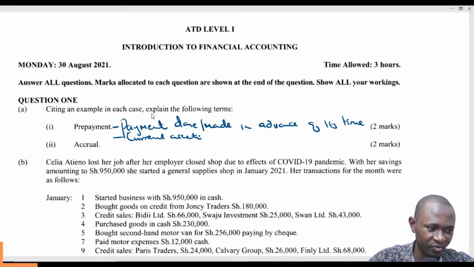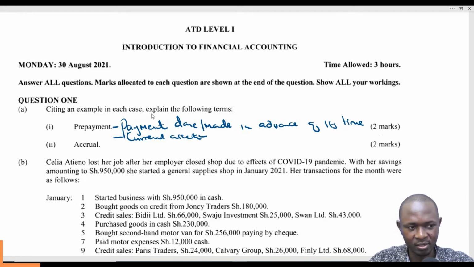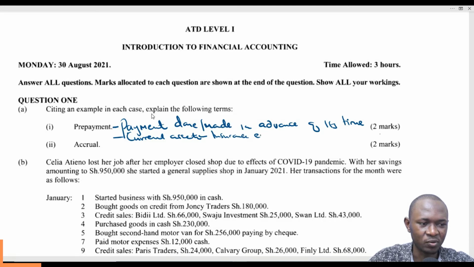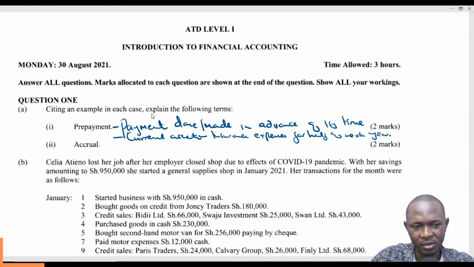A very good example of a prepayment is if you pay an expense for next year. For example, if I pay insurance expenses for half of next year, this half of the following year will be treated as the advance payment, and that's what we call a prepayment.